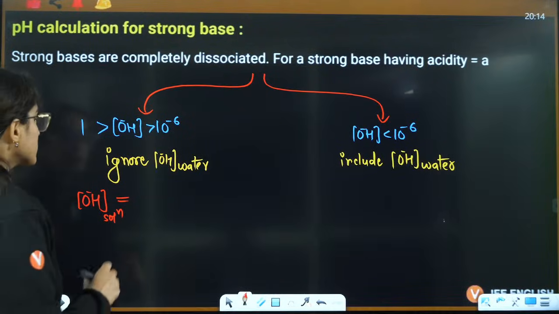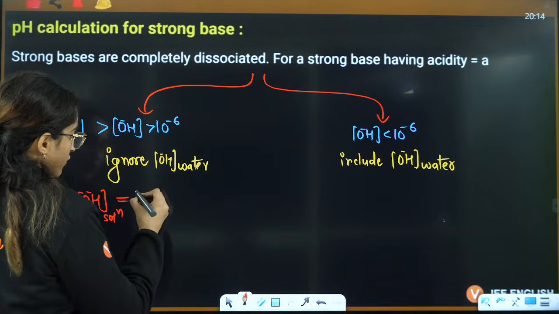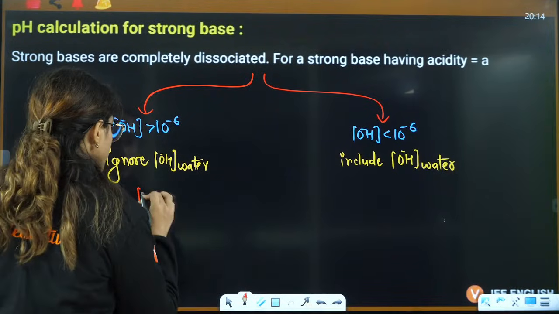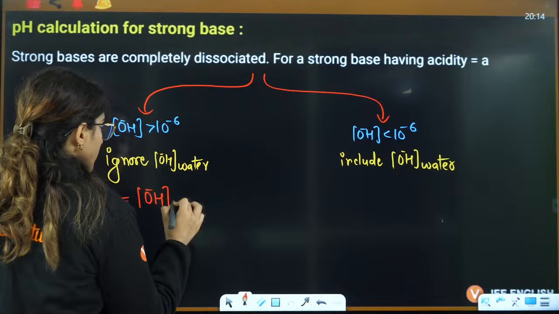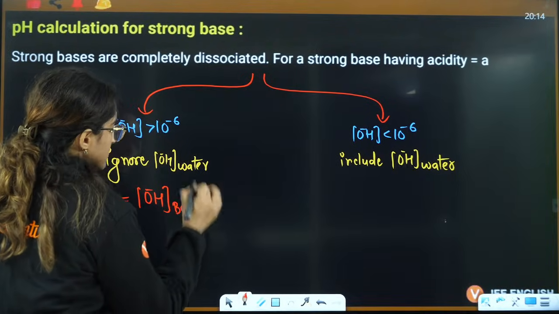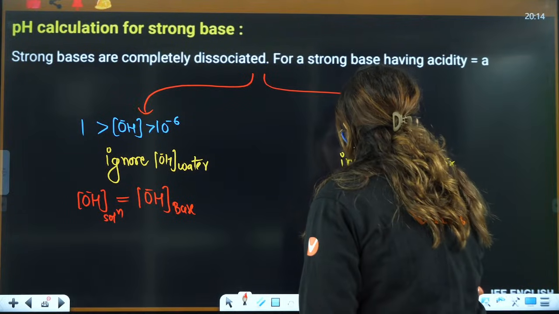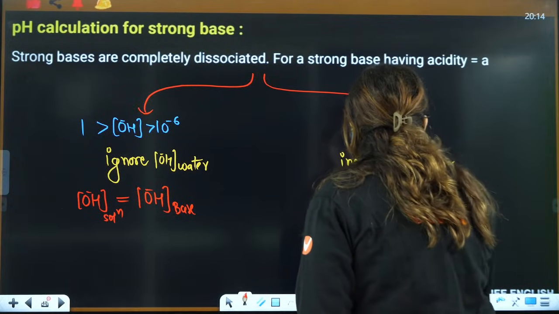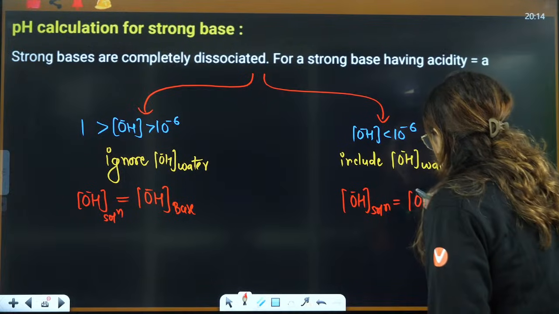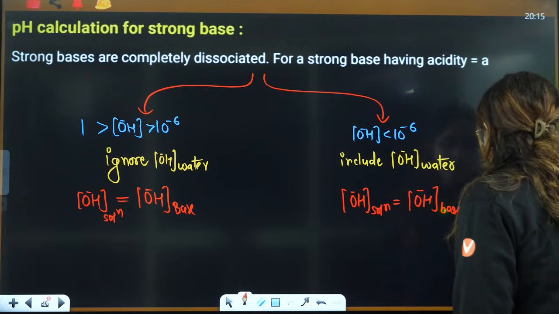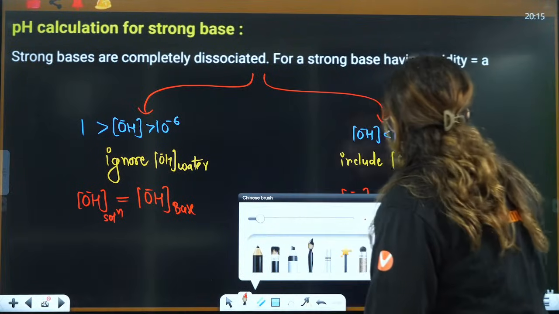So it is minus log of OH negative of solution. This is OH negative from base. And here OH negative of solution is equal to OH negative from base plus 10 raised to power minus 7.